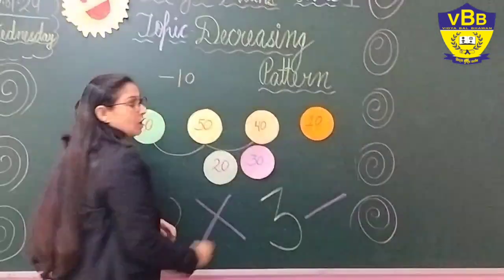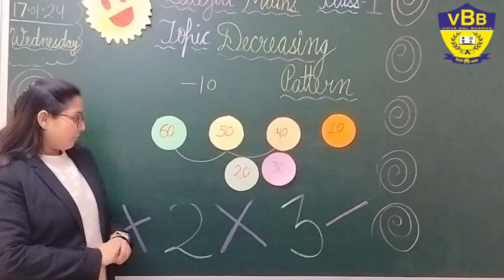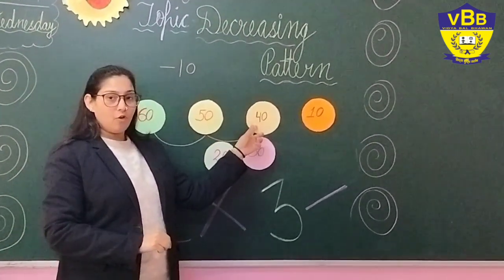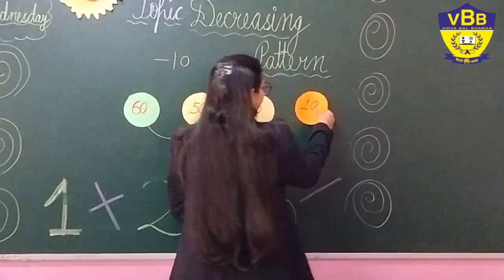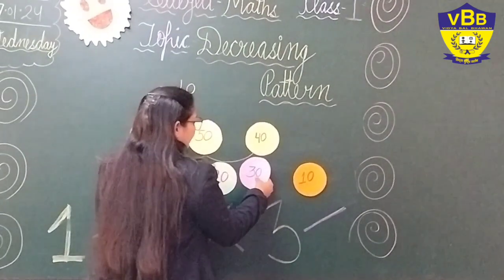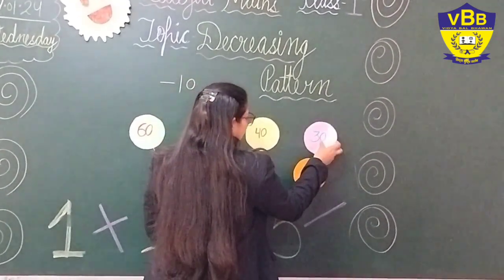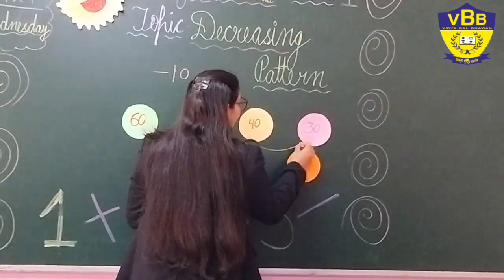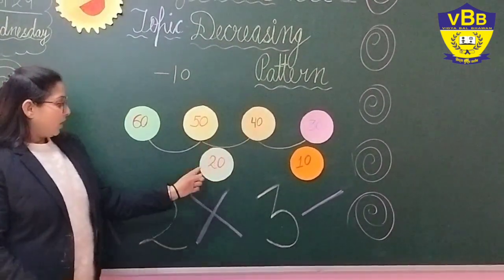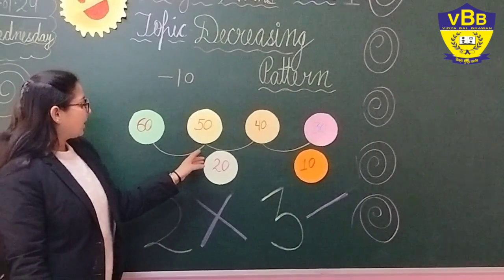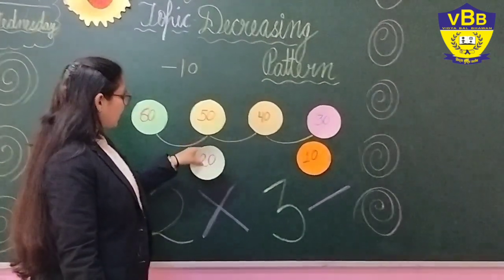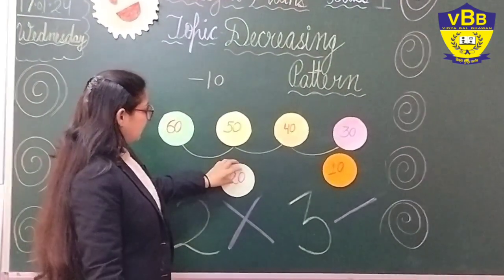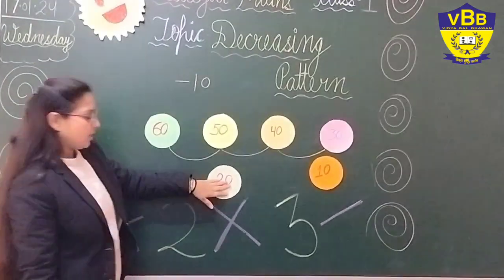After this, when we subtract 10 from 40, we will get 30. When we subtract 10 from 30, we get 20.